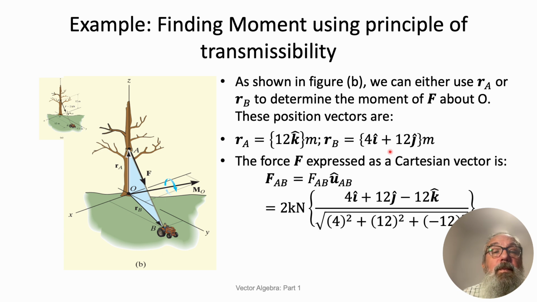Then the force along AB would be the unit vector along AB, which is just the vector divided by the magnitude of the vector, times 2.